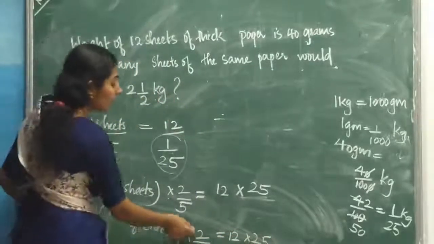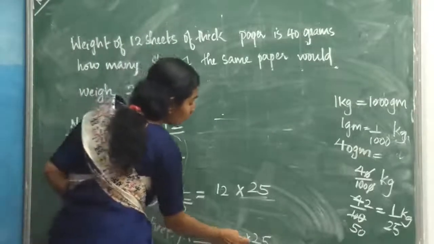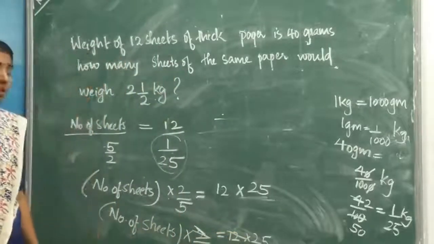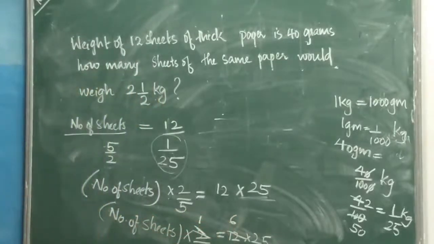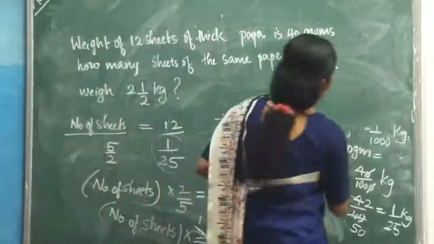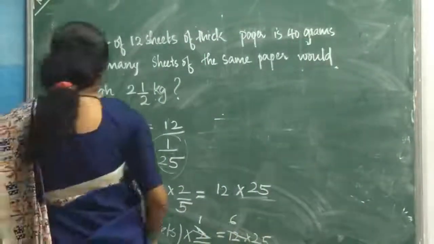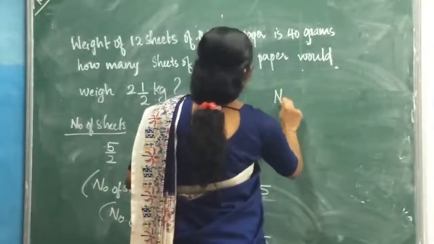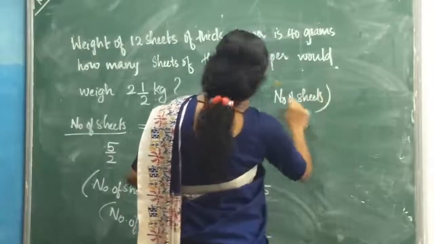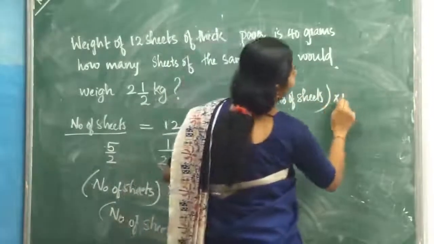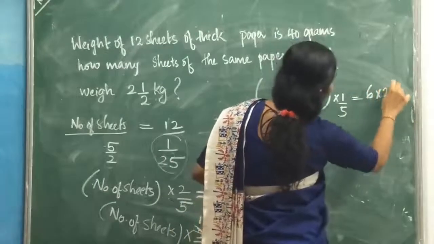You will see in both sides 2 and 12 are there. Both are in the same table. 2 ones are 2, 2 sixes are 12. Now what is remaining? So you will get number of sheets multiplied by 1 by 5 equal to 6 multiplied by 25.